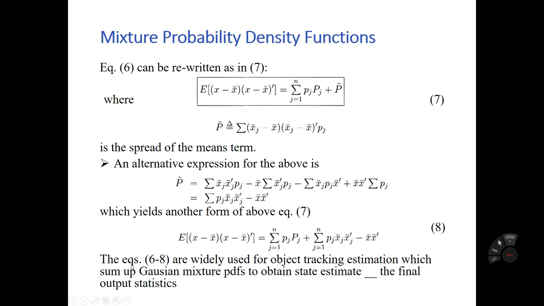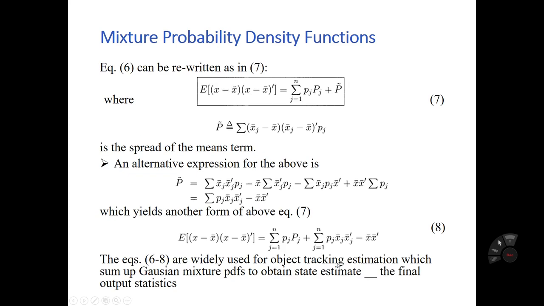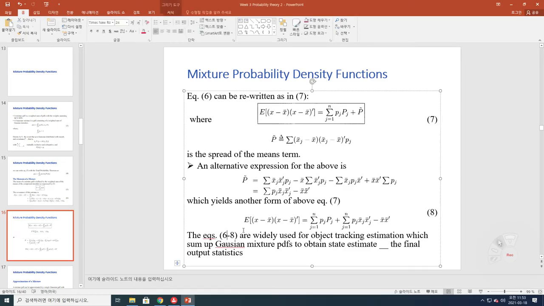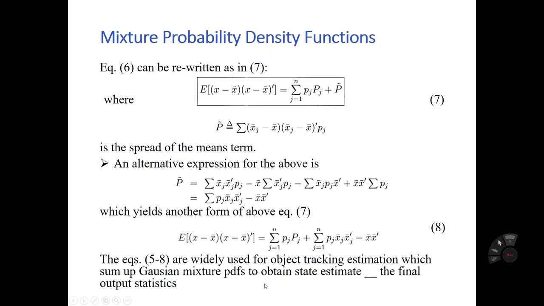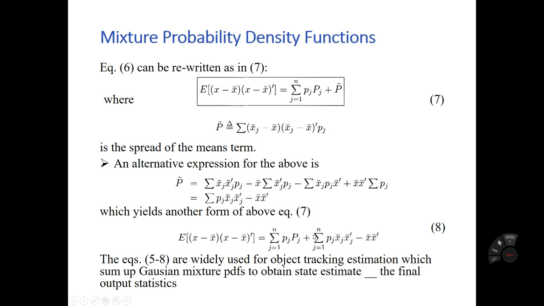So equations 5 to 8 mean the mean and the covariance. You can use equations 5 and 8, because equation 7 and these equations are the same.